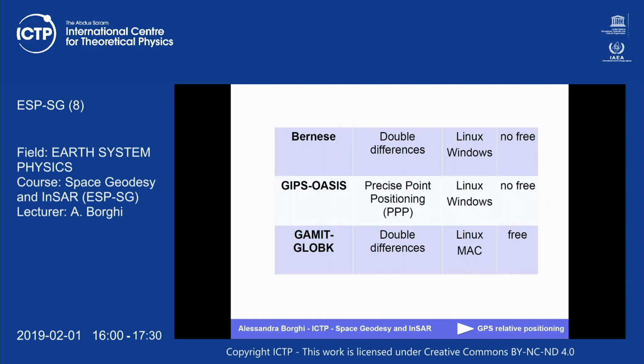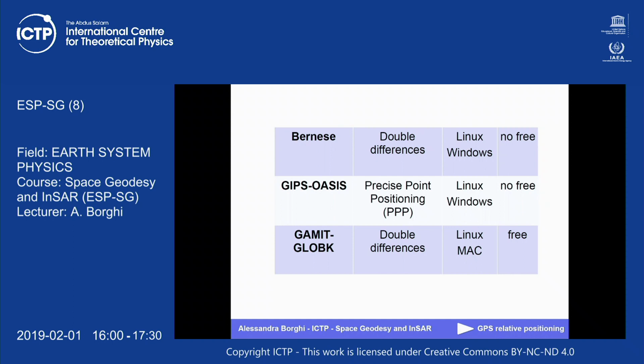There are a lot of papers comparing the processing of this software, and we obtain the same result in terms of velocity of points. Of course, if you look at the single solution day by day, you have some differences, but at the end, when you want to obtain the velocity of the site, this software gives the same result, so they are equivalent.